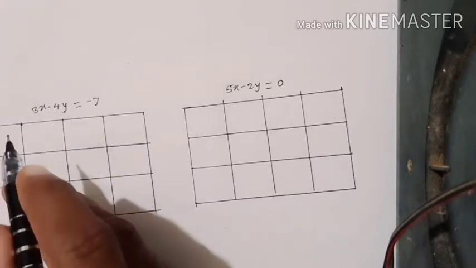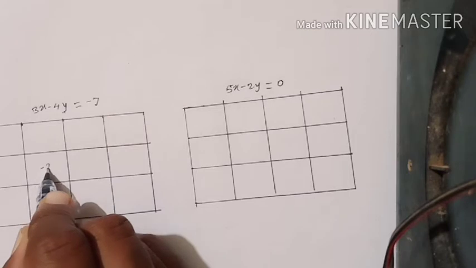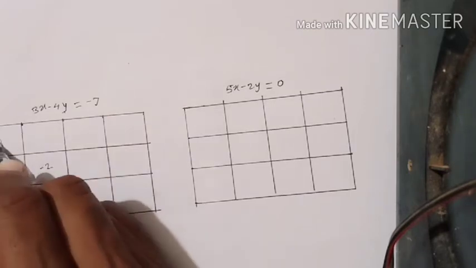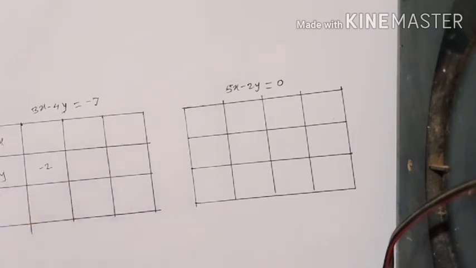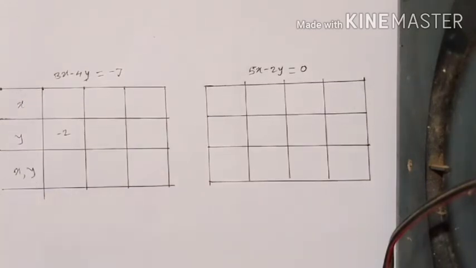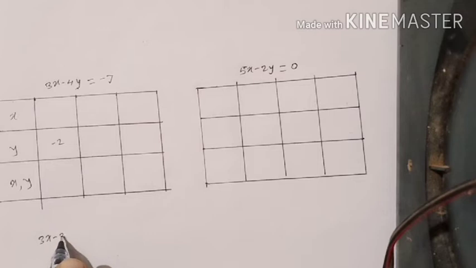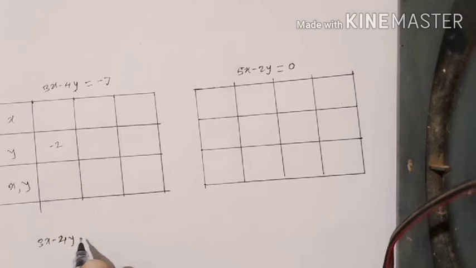I will put the value of y as -2. Here x, here is y, and here is x comma y. Therefore 3x minus 4y is equal to -7.